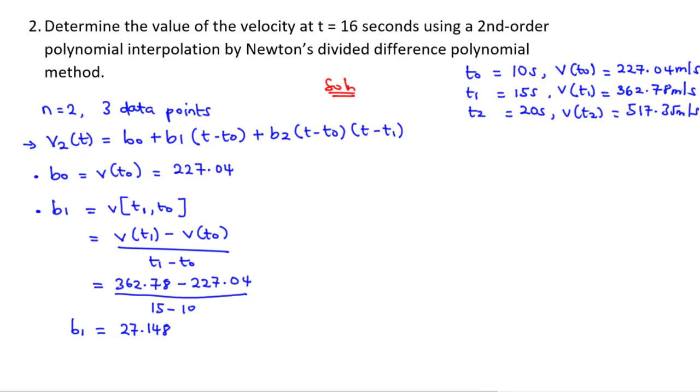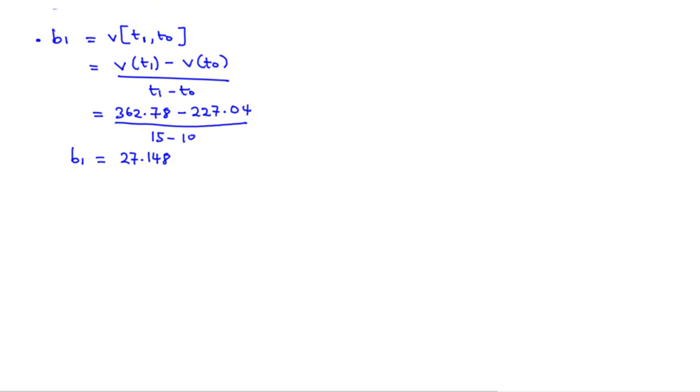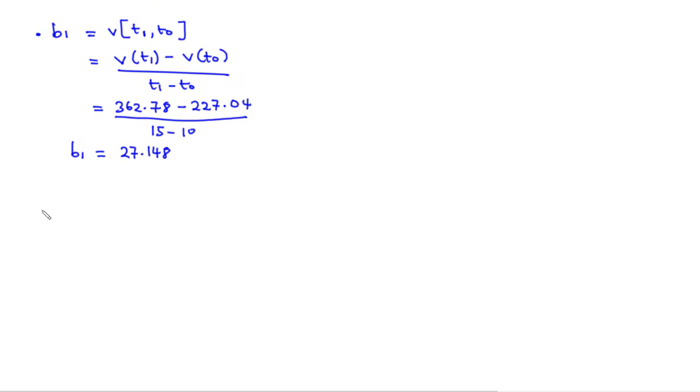Now let's move on to b2. To find the value of b2, b2 is going to be v of t2, t1, t0 in a square bracket.